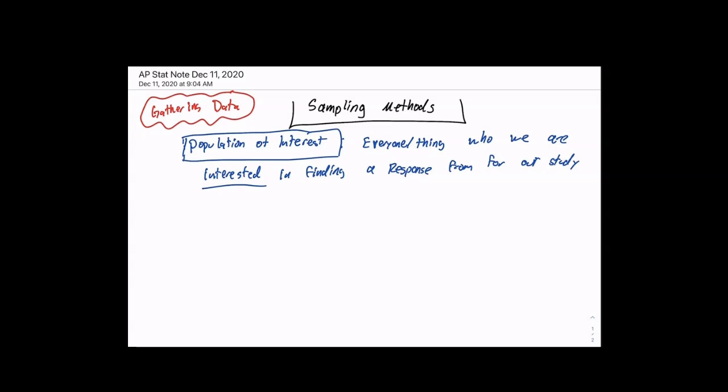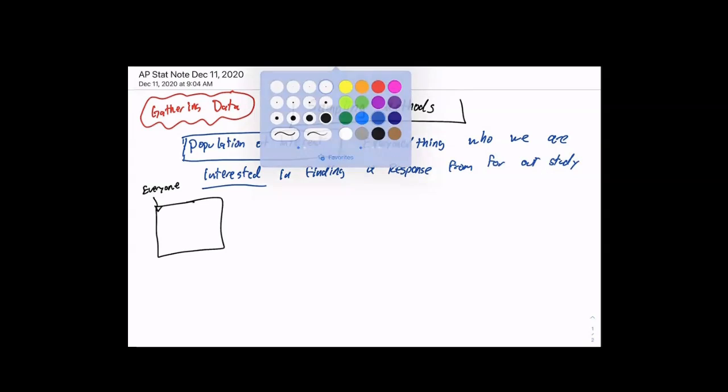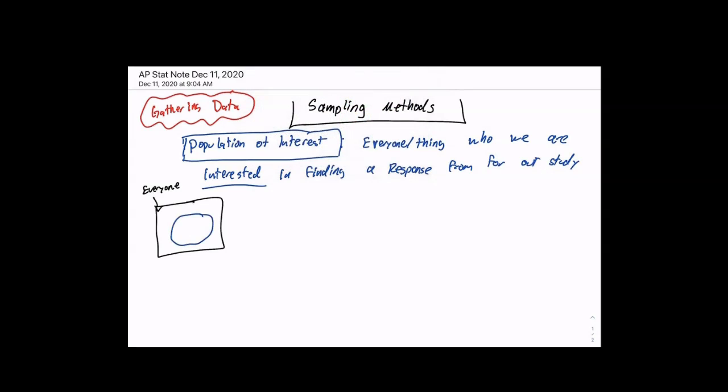So when we talk about the population of interest, it's not everyone, period. It's everyone where we're interested. If this was everyone, this may be our population of interest, and sometimes we just shorten that to our population.